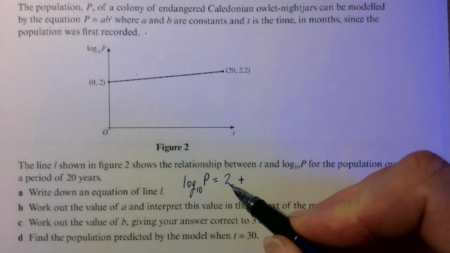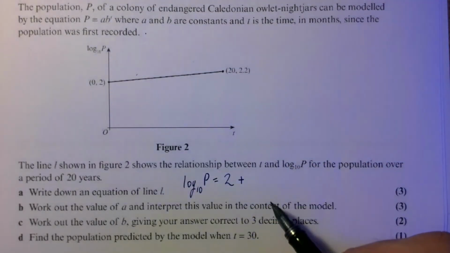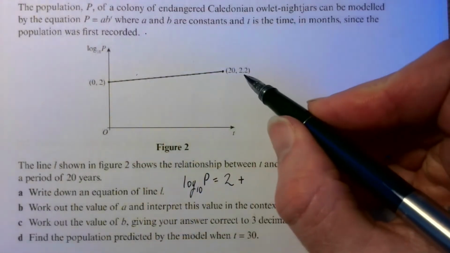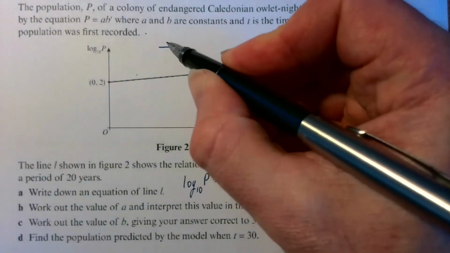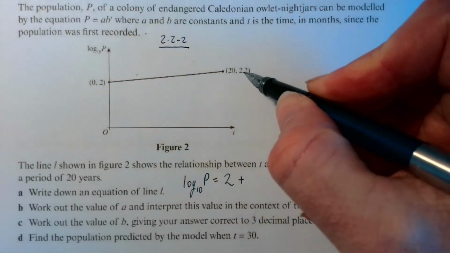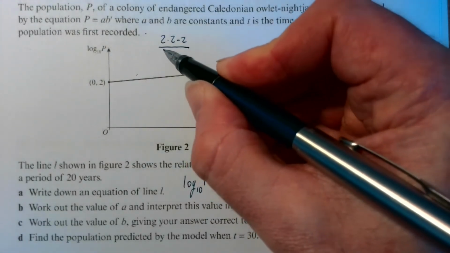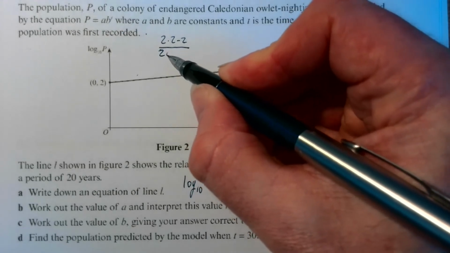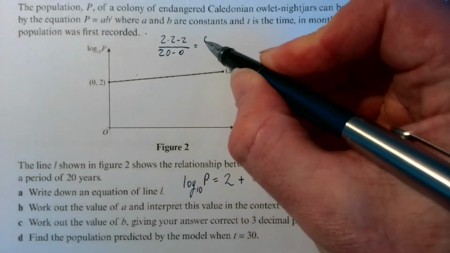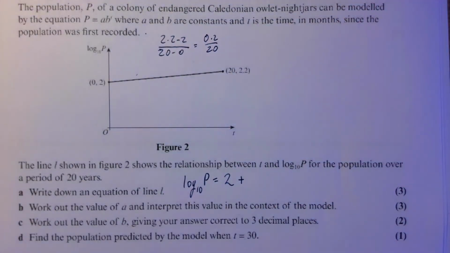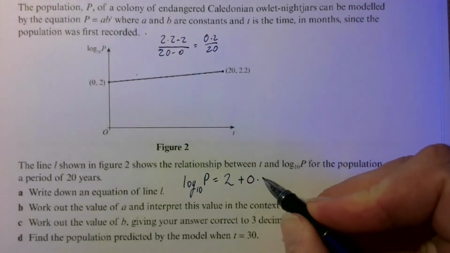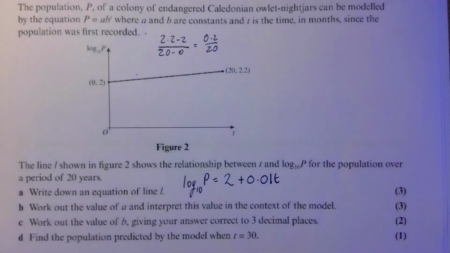So I've put that in as a constant that could be written the other way round. Well, what is the gradient of this line? Well, it's the vertical change, which is 2.2 take 2, over the horizontal change, which is 20 take 0. So what is that? 0.2 divided by 20 is 0.01. So it's 0.01t. And if you've written 0.01t plus 2, then that's absolutely fine.